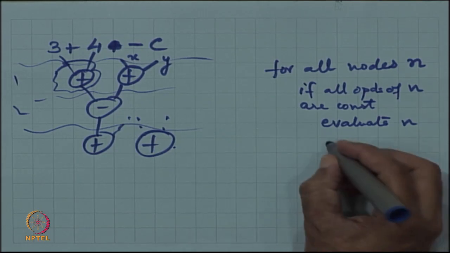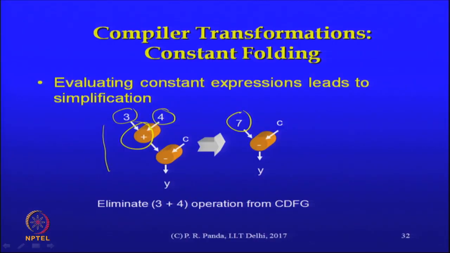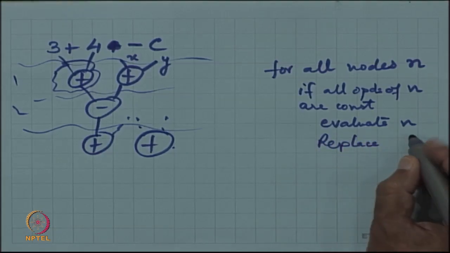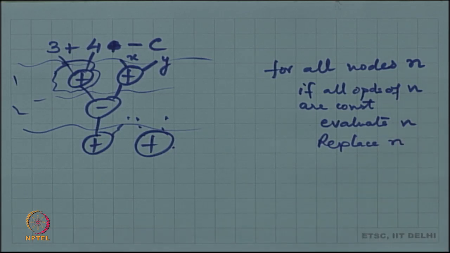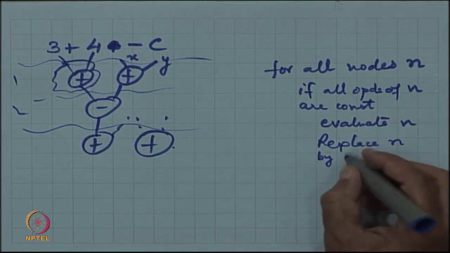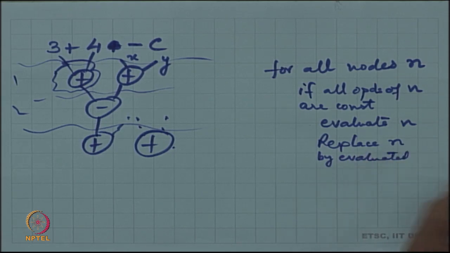You evaluate, then after evaluation yes, there is a replacement that happens. You take part of the graph, right. Here we took a part of that graph and replaced it by some other graph. So, in the general case you are just replacing maybe n itself by the evaluated result.